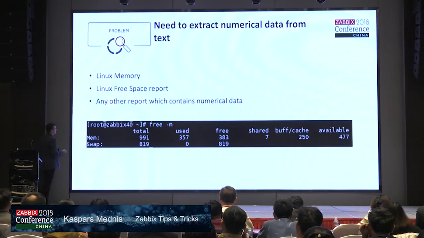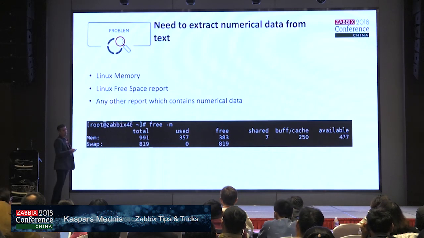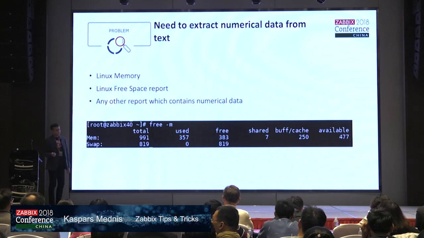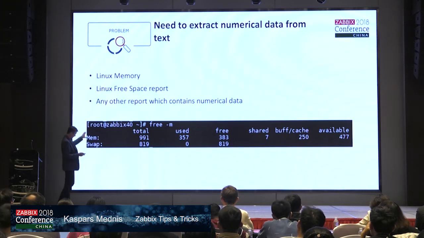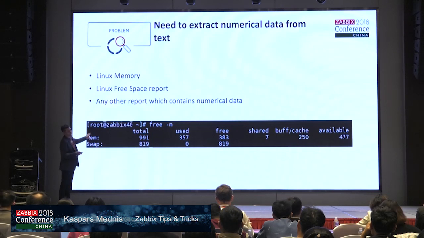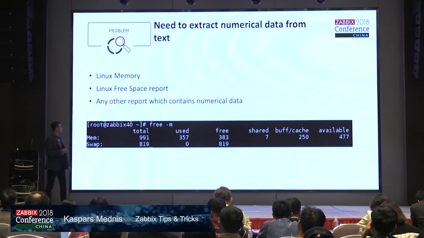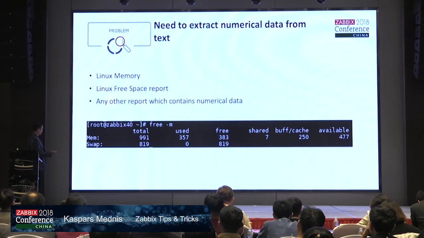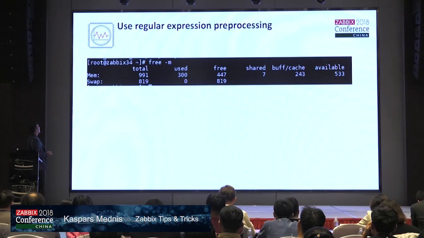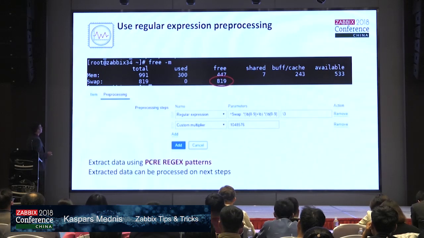Maybe you need to monitor free memory on Linux, and you don't have an agent on that system. You can use only SSH checks. So you will get a text report like that. But you need to define triggers. You need to extract numerical data from this. What to do? You can use regular expression pre-processing.